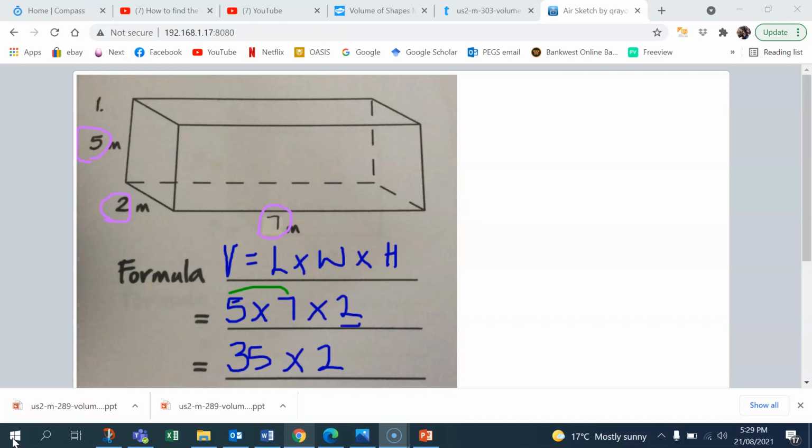Now you would use the split strategy, or you would use compensation or grid method to work out the answer to this problem. I'm going to give you 15 seconds to go away, pause this video, and see if you can work out the answer for me.